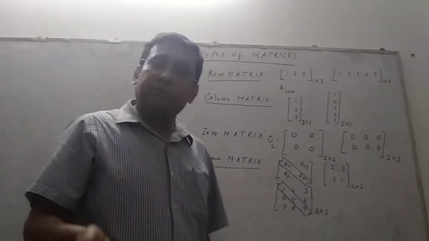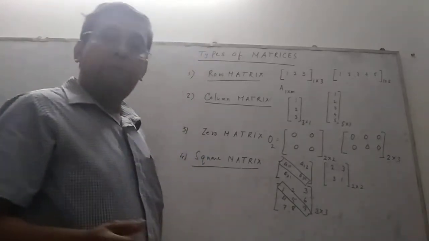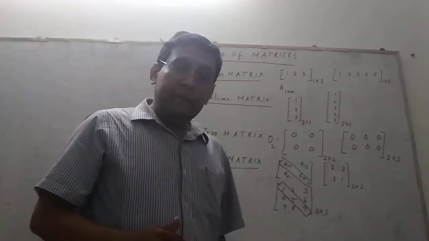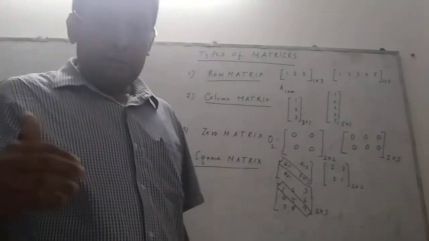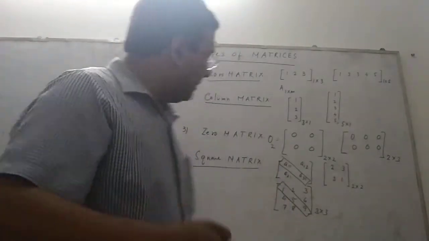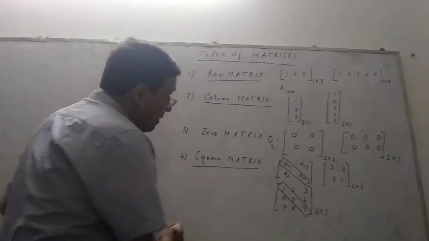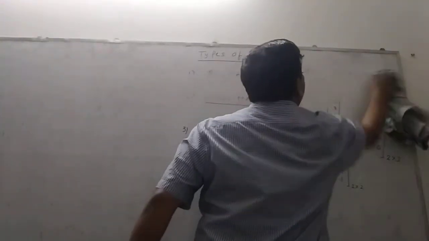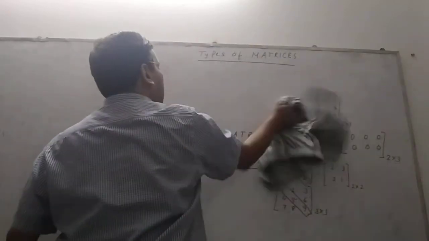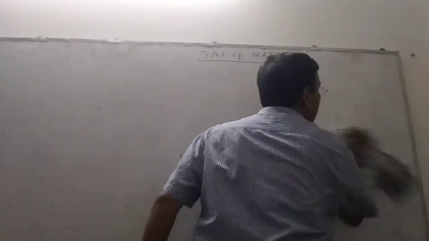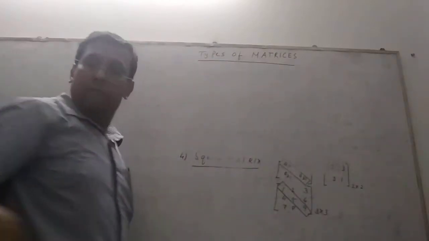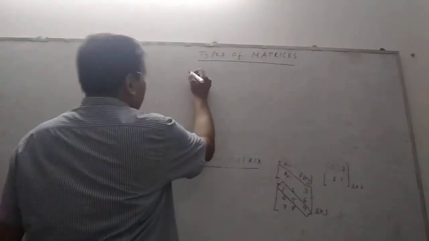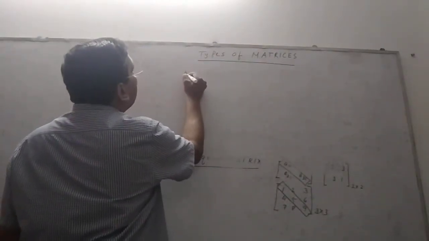How do we define those things? For example, based on the principal diagonal, we can define diagonal matrix in this way. So diagonal matrix.